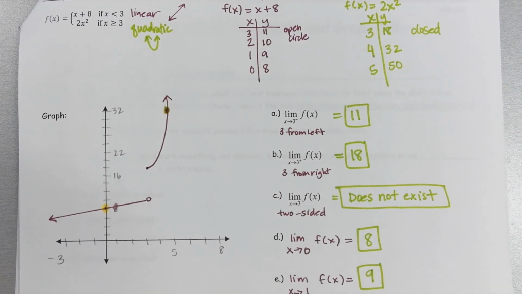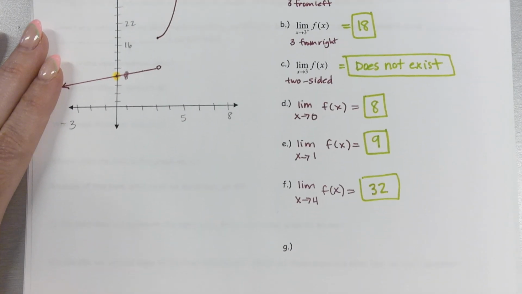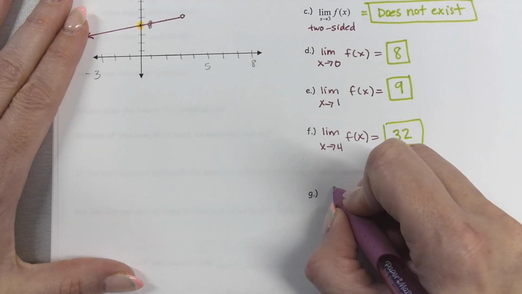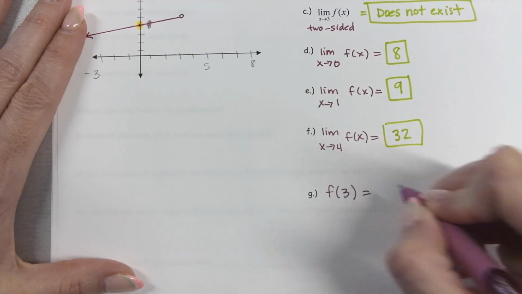Okay, and then the last one looks a little bit different. So the last one is not a limit. It is asking you what f of 3 is.